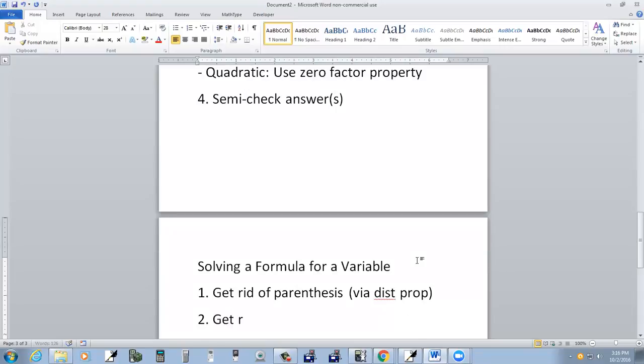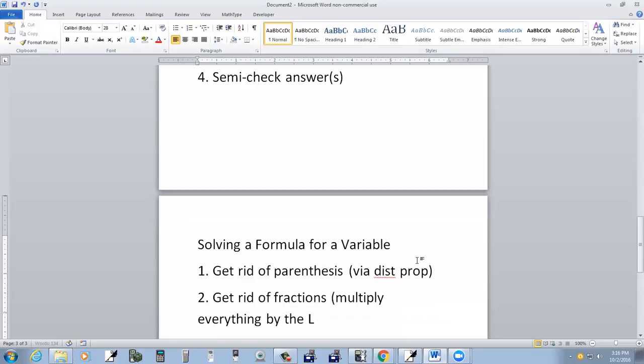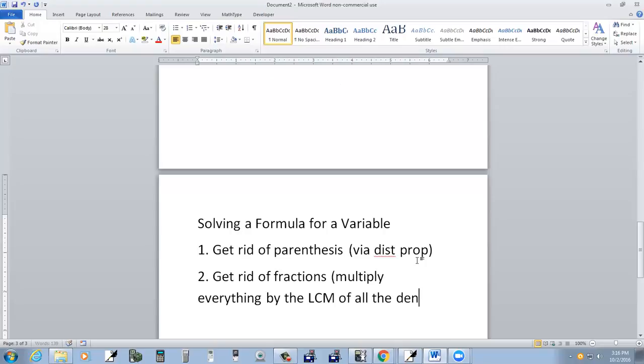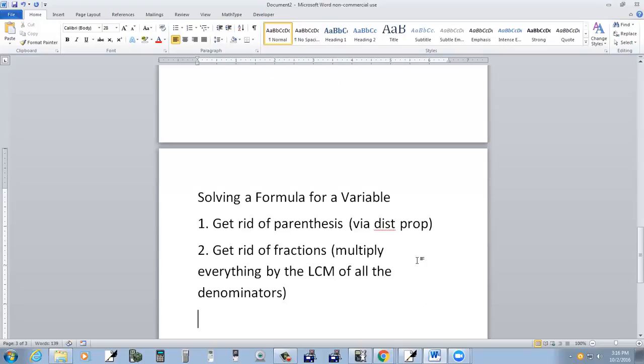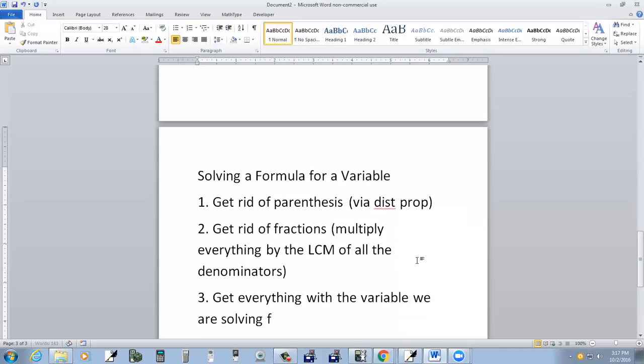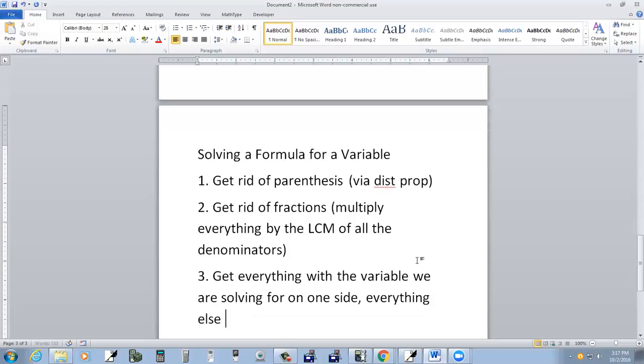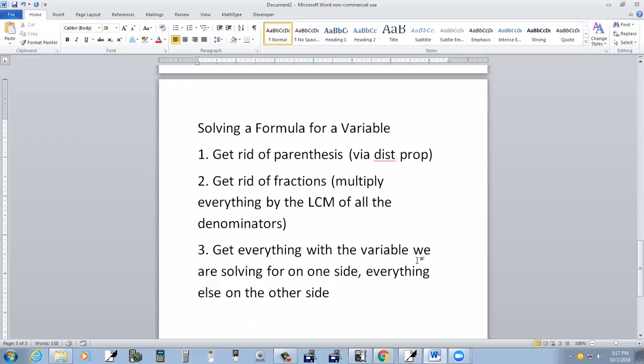Step 2, get rid of fractions. Multiply everything by the LCM of all the denominators. Step 3, get everything with the variable we are solving for on one side, everything else on the other side. We're talking about terms here, but they don't have to be terms.